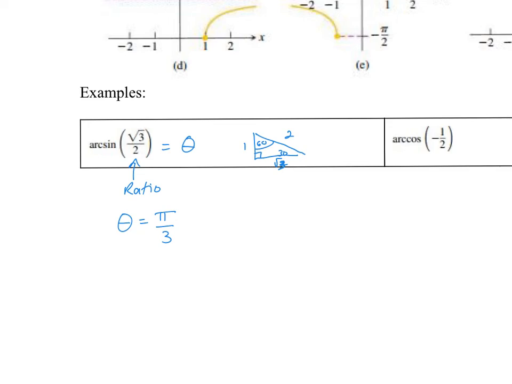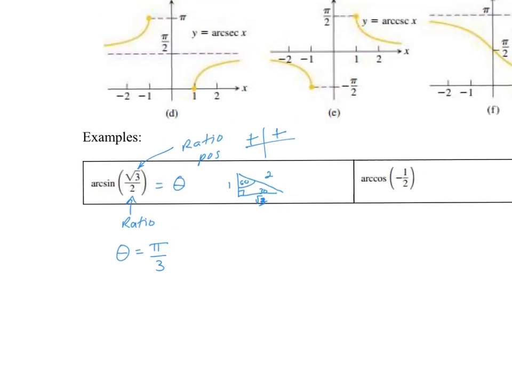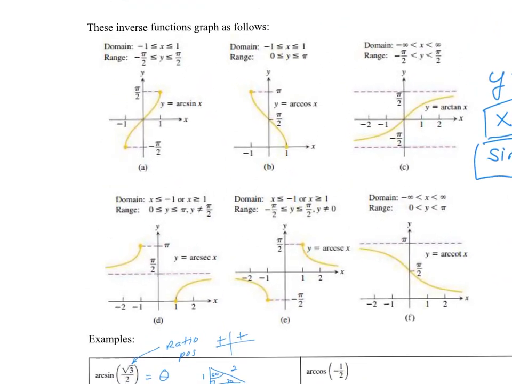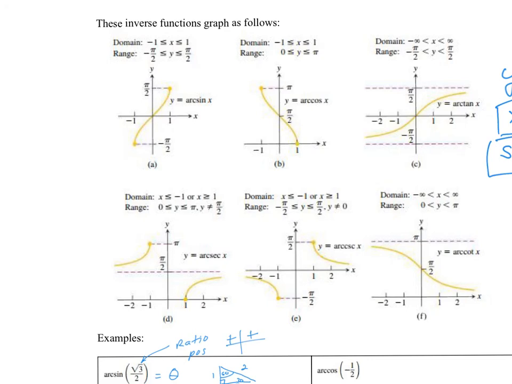Now, we've got an answer of what theta might be, but remember that there are possibly other places where your ratio of sides is positive. For sine, the ratio of sides is positive in quadrant 1. It's also positive in quadrant 2. So let's see if we can use both those quadrants or not. So you would go back up here, and you notice that the range, the angle measurements of arc sine, have to go between negative pi over 2 and pi over 2.